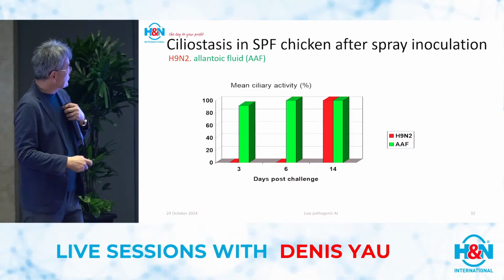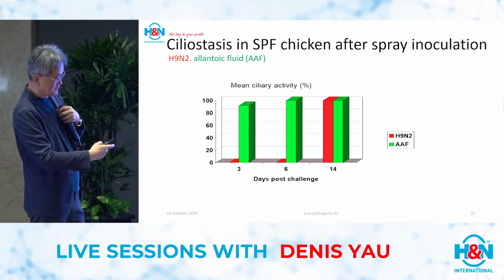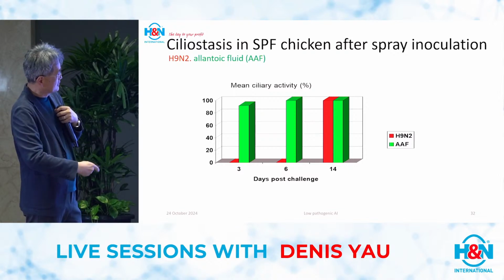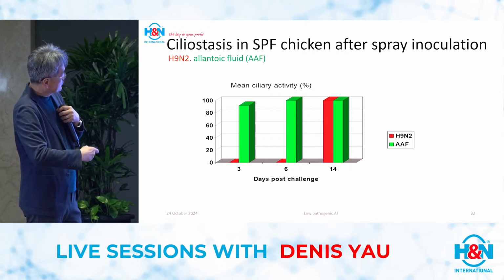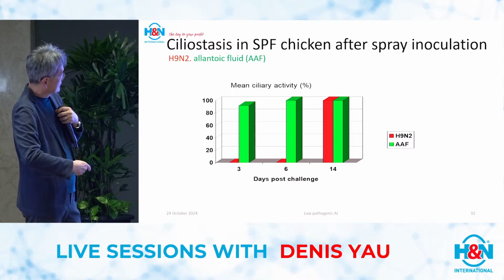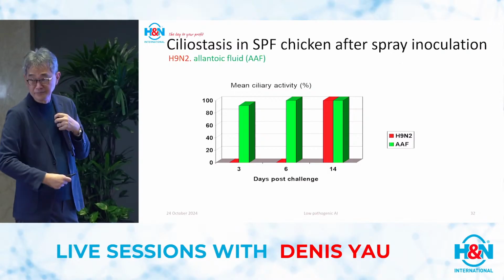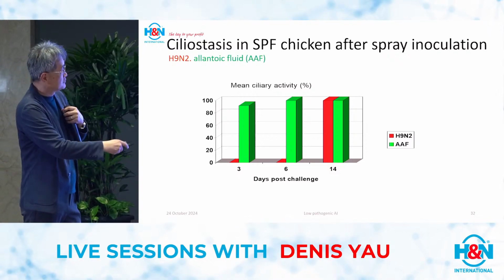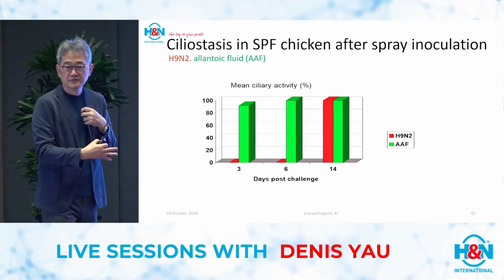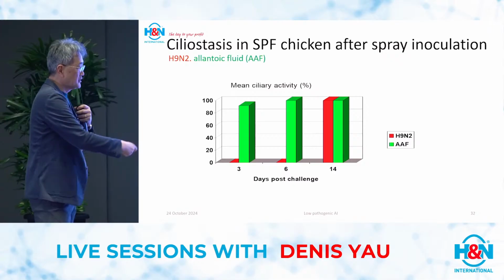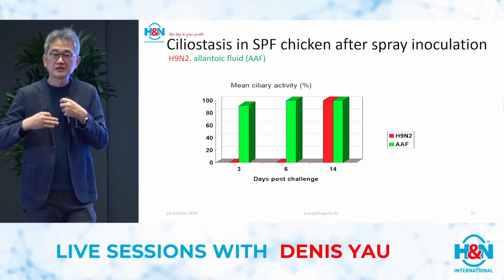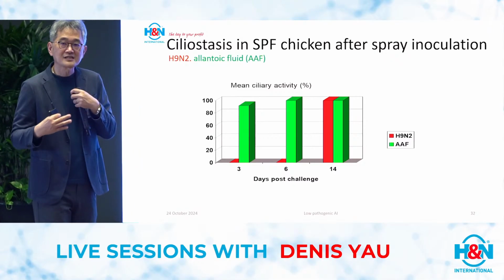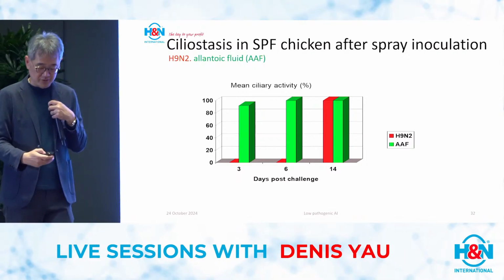So with the H9N2 compared with only allantoic fluid, we see after the challenge at 3 days and 6 days, with this H9N2, you don't see any cilia movement. That's very severe. But 2 weeks after, you see they are recovered. But within these days, you hear noises, you might experience also a drop in production.